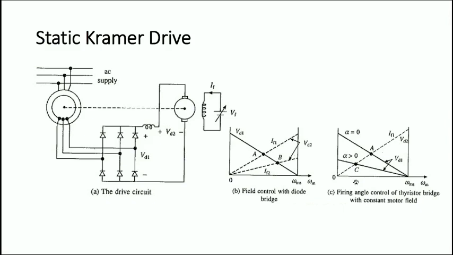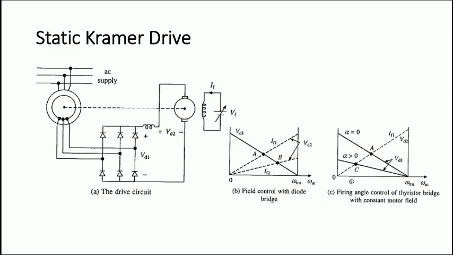That means when alpha is equal to 90, your speed will be 0. That is how we can vary the rotor side DC voltage VD1, and obtain the speed control of the static Kramer drive.